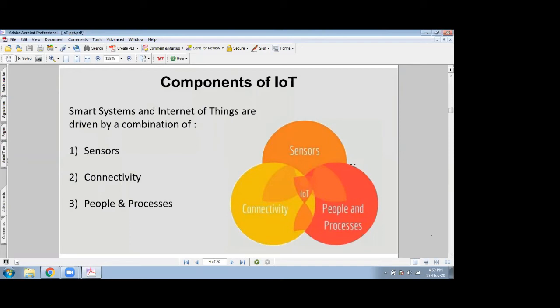Just tell me what a microcontroller and microprocessor are. Okay, so without wasting any time, I'm just clearing out the doubts.